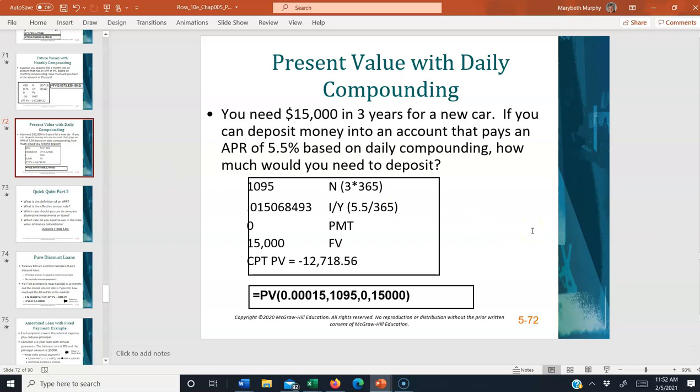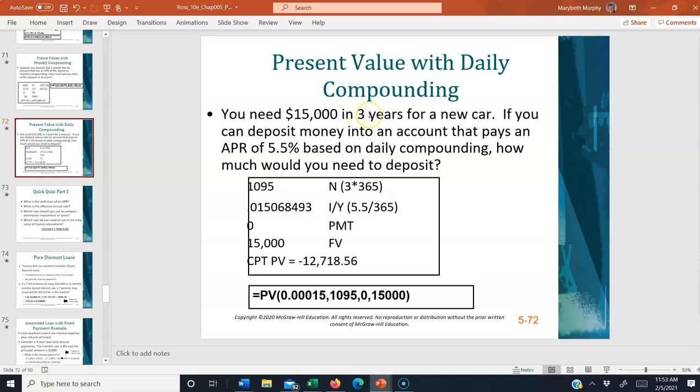Let's see, you need $15,000 in 3 years for a new car. If you can deposit money into an account that pays an APR of 5.5% based on daily compounding, how much would you need to deposit? First of all, we have to calculate the number of periods.